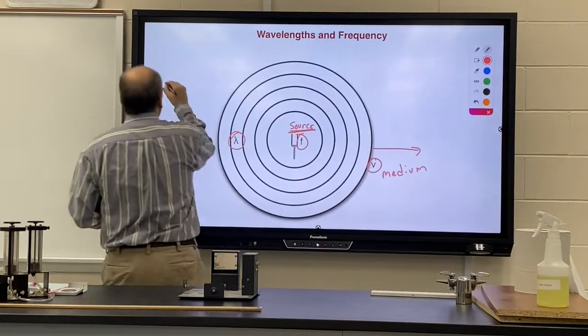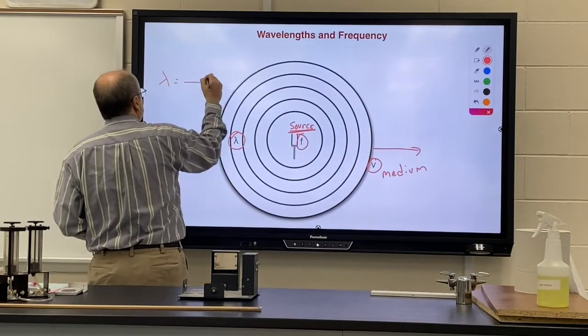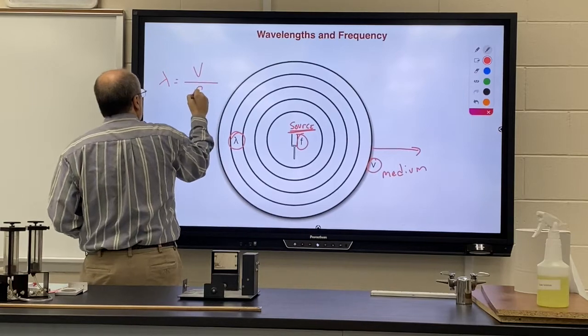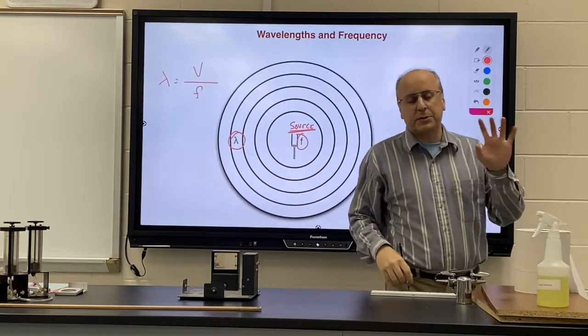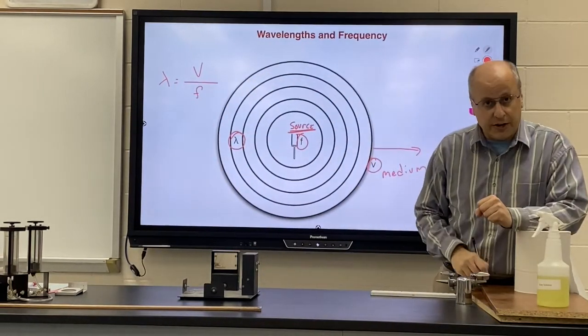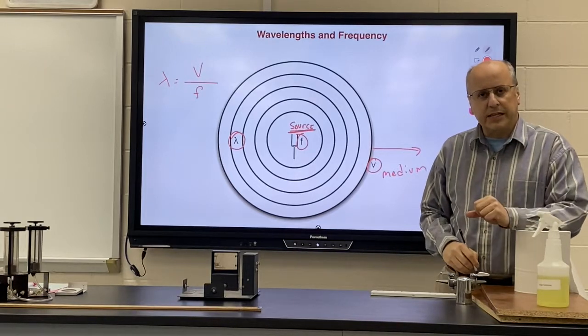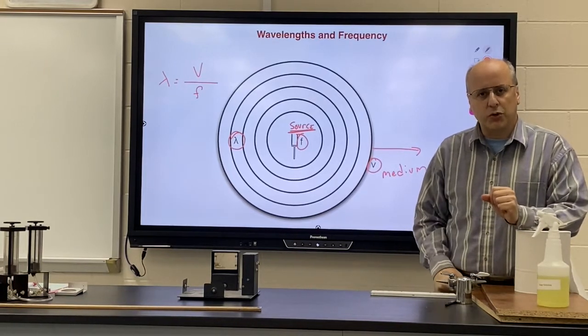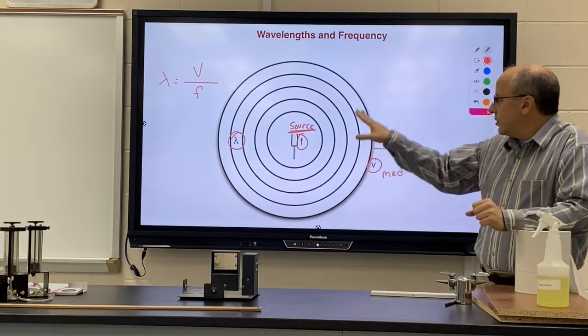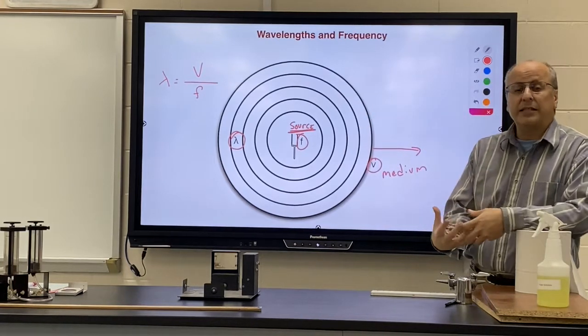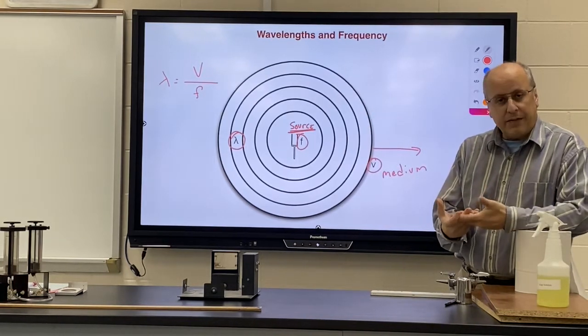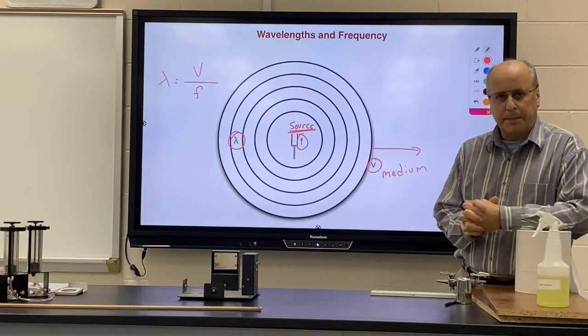The wavelength is the dependent variable. It depends on the speed, which depends on the material, and the frequency, which was determined by our source. So that is the connection between velocity, wavelength, and frequency.